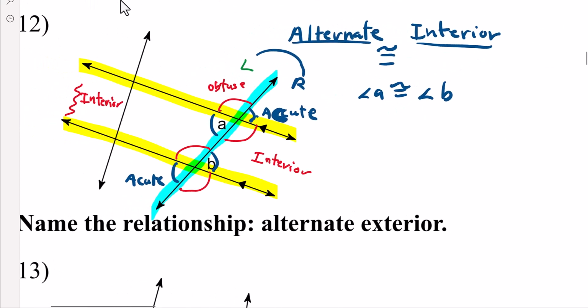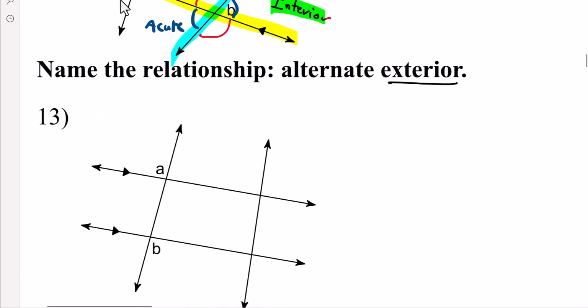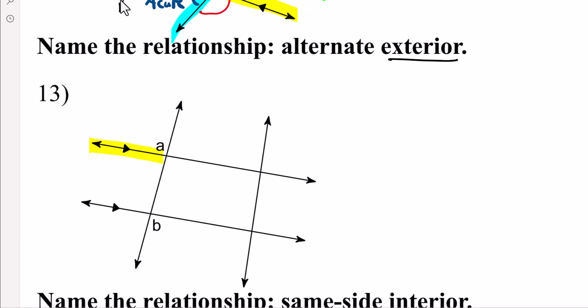Okay, so alternate interior are when the angles on alternate sides fall between the parallel lines. The alternate exterior, notice, so the angles that are not on the interior, so notice we don't have any angles marked in here. That's the interior.